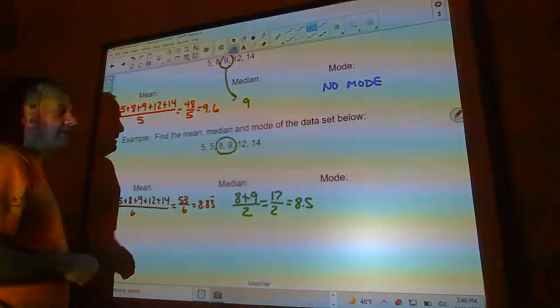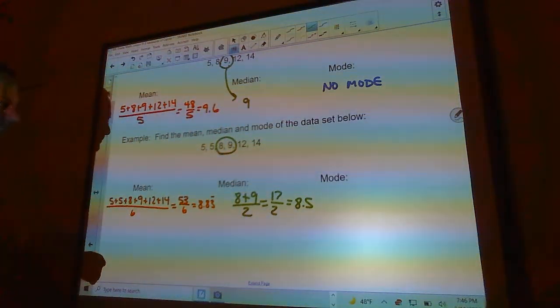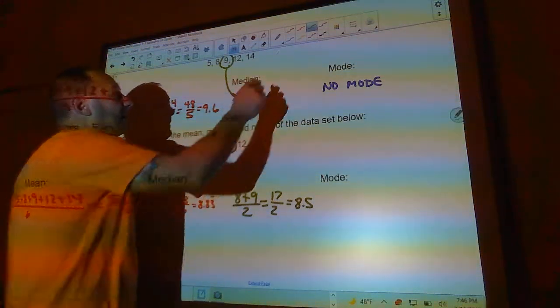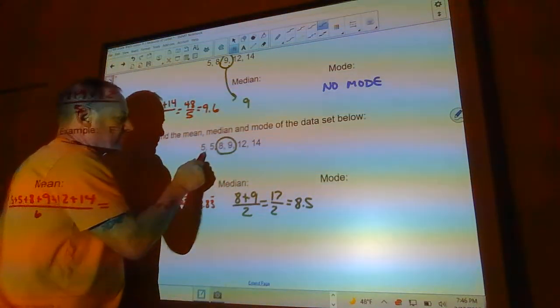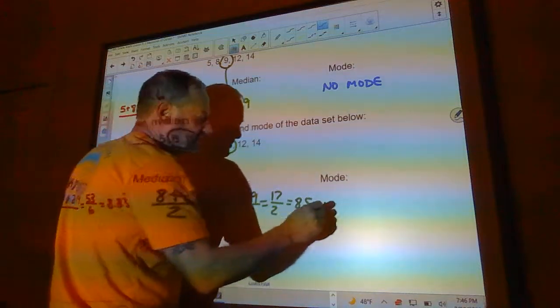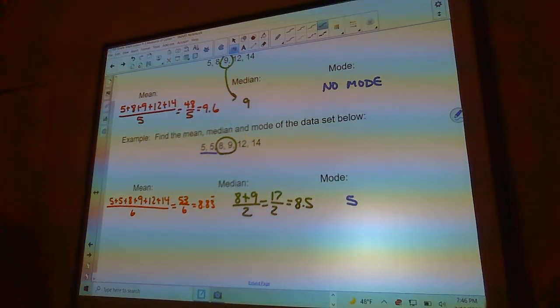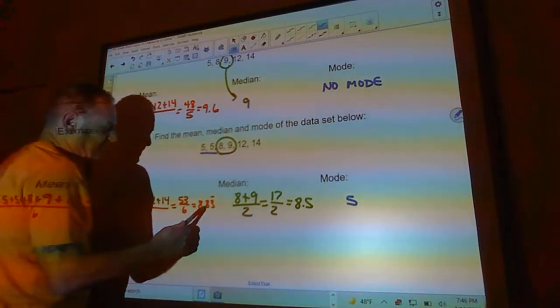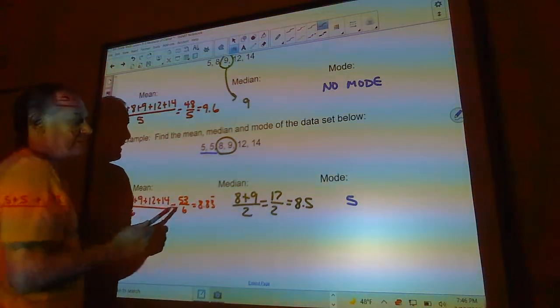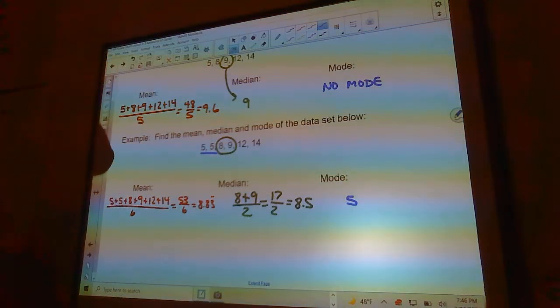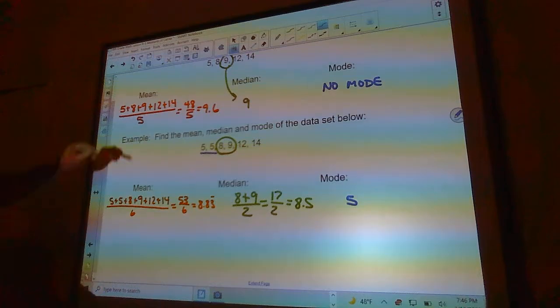So our median is 8.5. The mode on this one: 5 occurs twice, so that's the mode. It's the only one that occurs more than once. So if I'm looking at this, the mean and the median are pretty close together. The mode doesn't really represent the data very well.